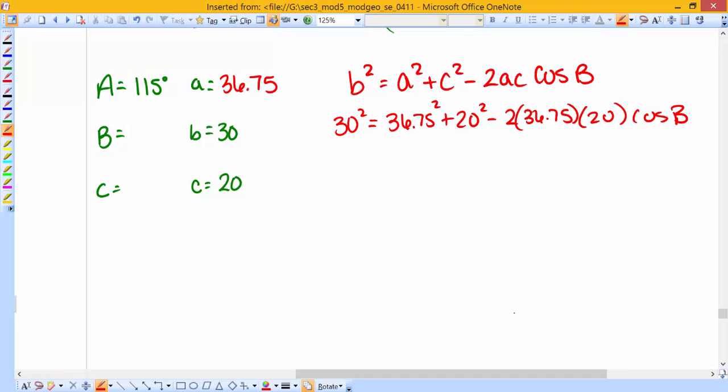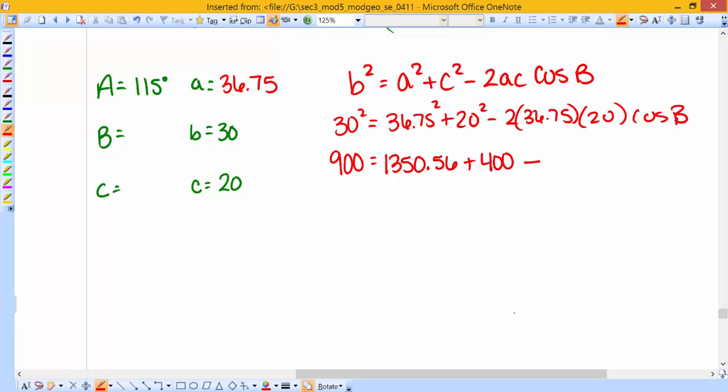Okay, now take your time working through this, please. You must take your time. 30 squared is 900. 36.75 squared, 1350.56 plus 400 minus 2 times 36.75.